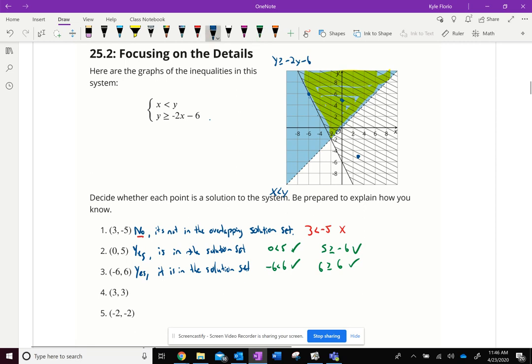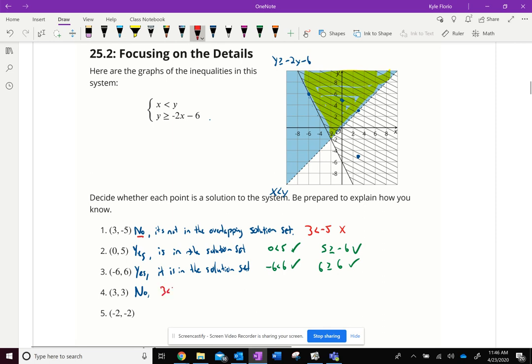(3, 3), right, over 3, up 3. This one's tricky, and this is actually a no. It's going to fail, even though it's on the dotted line. The dotted line doesn't include the points on the dotted line, and it's going to fail the first inequality. Is x less than y?